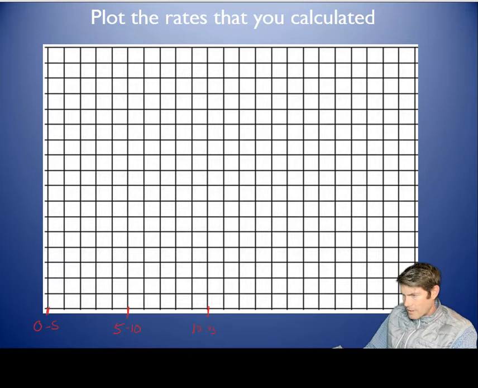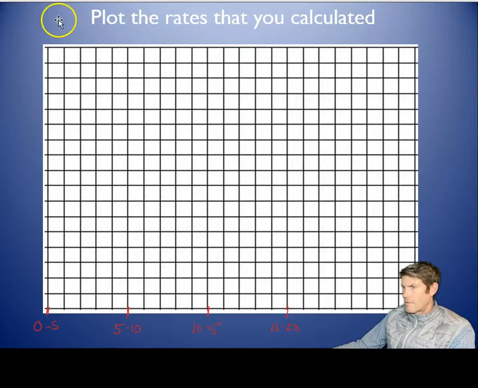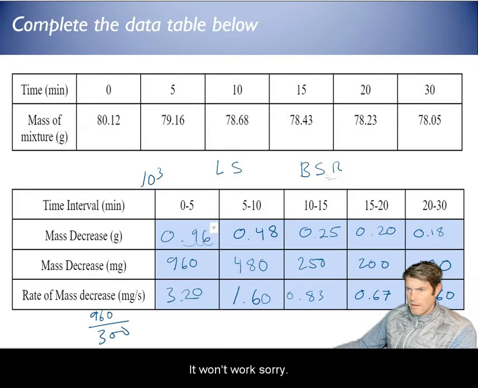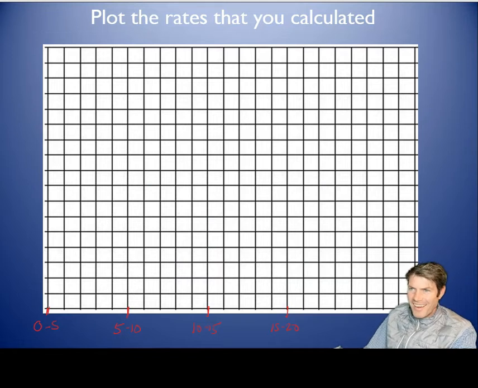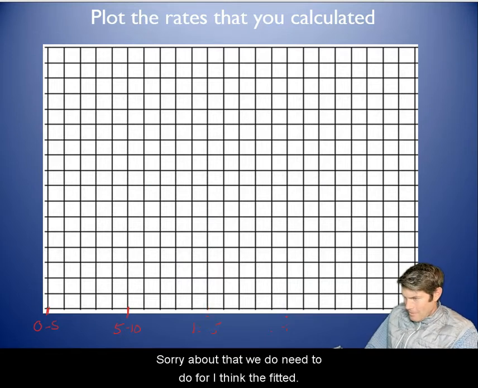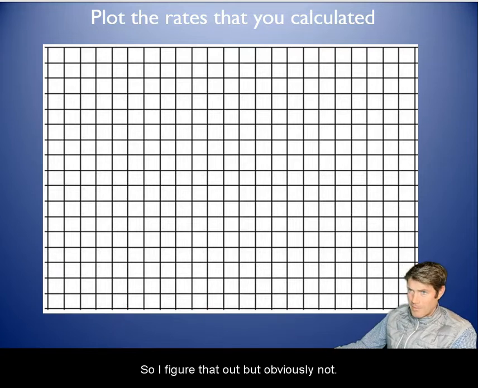I think that'll work. 15, 20. It won't work. Sorry. We do need to do 4, I think, to fit it all. Thought I figured that out, but obviously not.